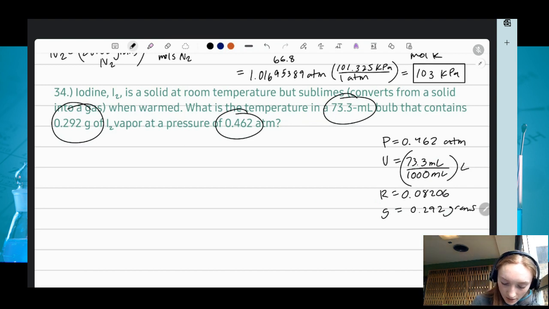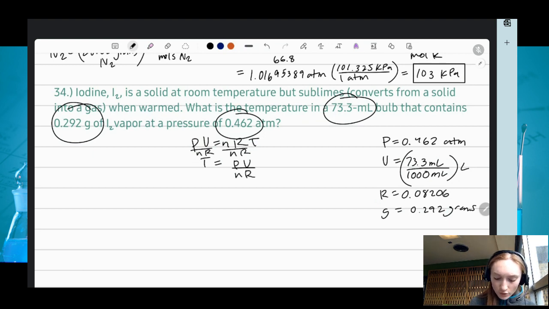Let's start with what we're trying to solve for, and it's asking for the final temperature. So if we have the original equation here, PV equals nRT, let's divide to solve for the temperature. If we divide by nR on both sides, the temperature will equal PV divided by nR. So let's plug these in.